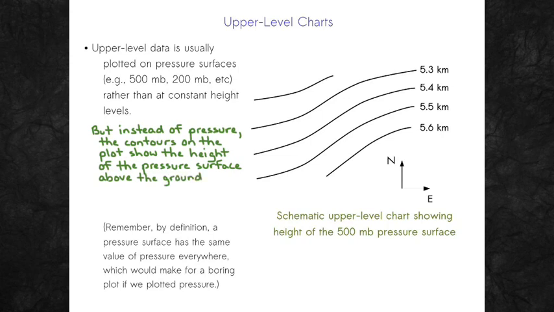So height of the pressure surface above the ground, or to be precise, above sea level. So when we plot our data on our upper level charts, instead of plotting isobars, the contours are going to represent how high that surface was above the ground at that point. That's what we're going to be showing.